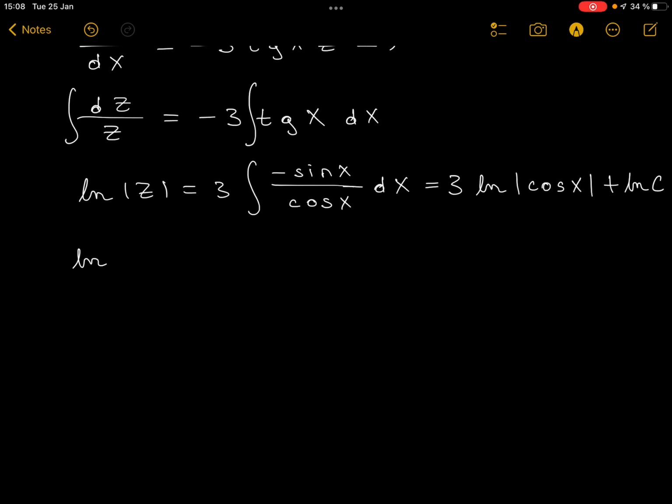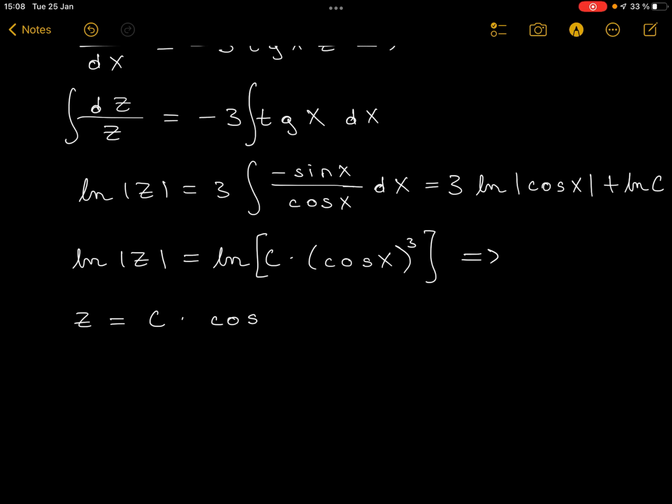So we can rewrite this as ln z is equal to ln of c times cosine x to the third power. Okay, so therefore z must be equal to c times the cosine of x to the third power.